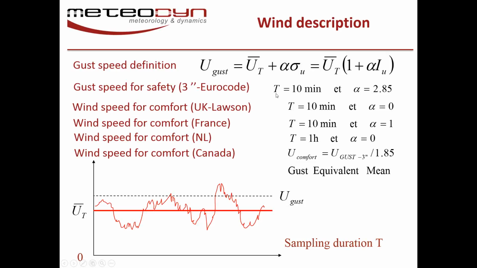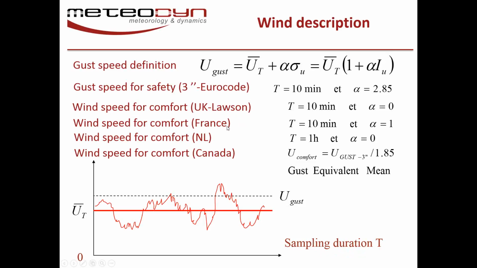The mean speed is defined on the average sampling duration T, about 10 minutes, and the coefficient alpha is roughly 3. But if you use a comfort criterion as in the UK, the Lawson criterion, the criterion is defined only by the mean value. There is no gust speed, but T equals 10 minutes.